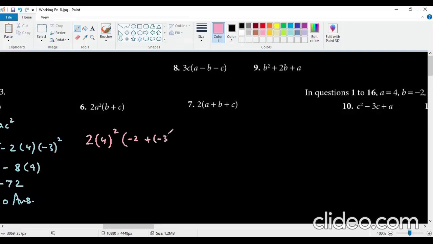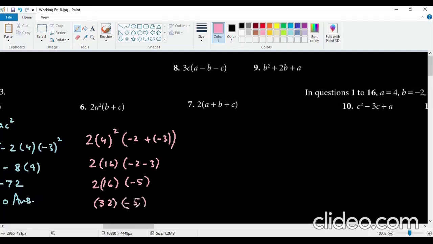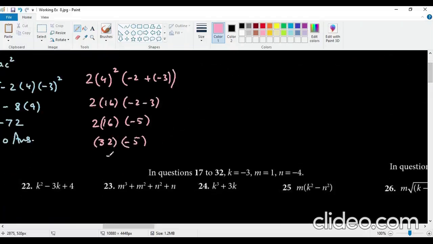Now, 2 times 16, and in the bracket -2 minus 3 is going to give you a -5. So 2 times 16 is going to give you a 32, multiplied by a -5 is going to give you, for question number 6, -160. -160 is going to be your answer.